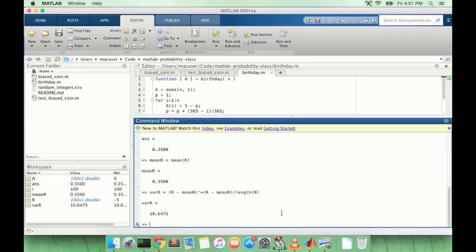Of course MATLAB has its own variance function, so we didn't really need to do all this work. And it's just var. So we get a pretty similar value.